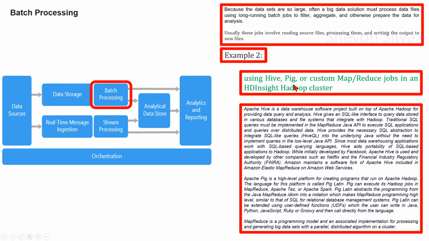Pig Latin abstracts the programming from the Java MapReduce idiom into a notation which makes MapReduce programming high level, similar to that of SQL for relational database management systems. Pig Latin can be extended using user-defined functions (UDFs), which the user can write in Java, Python, JavaScript, Ruby, or Groovy, and then call directly from the language.